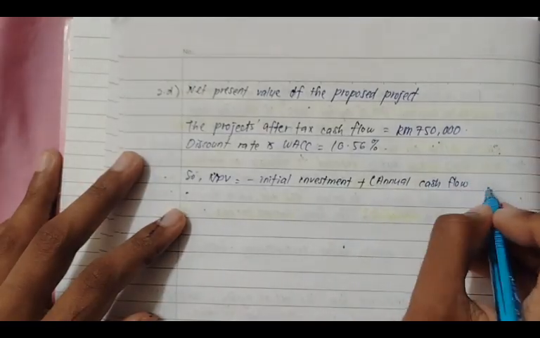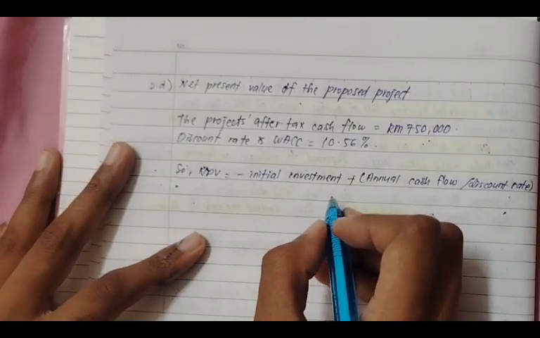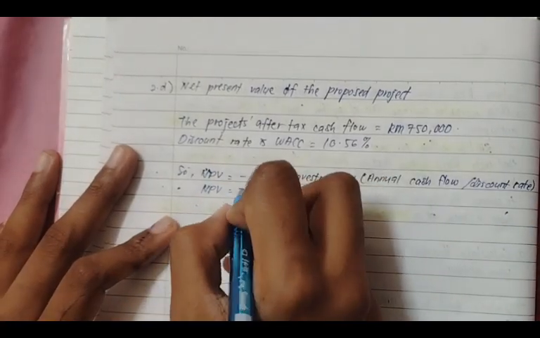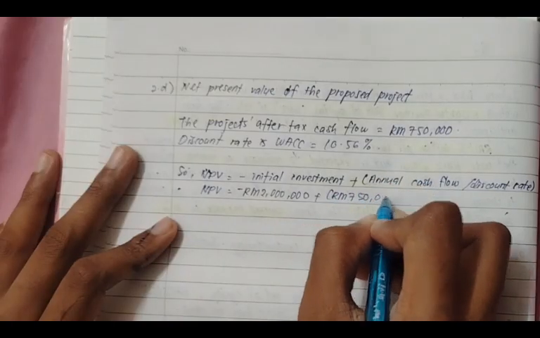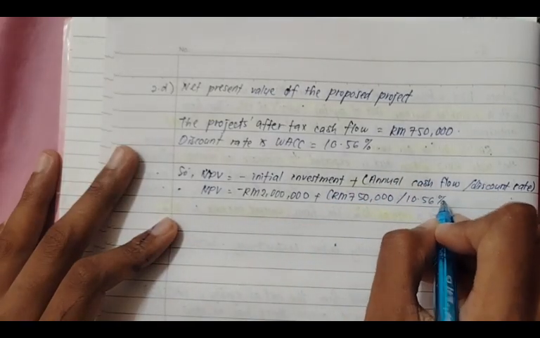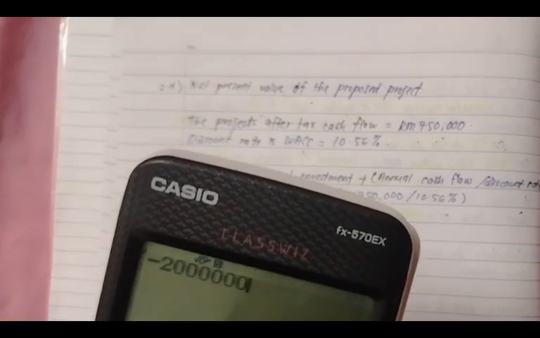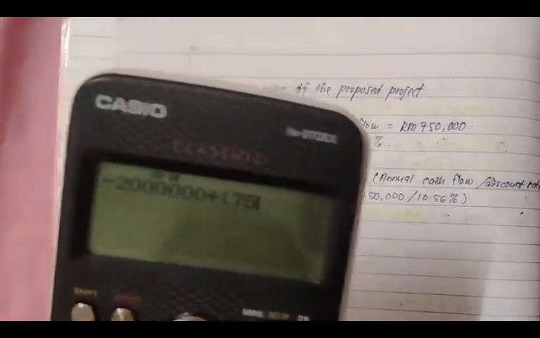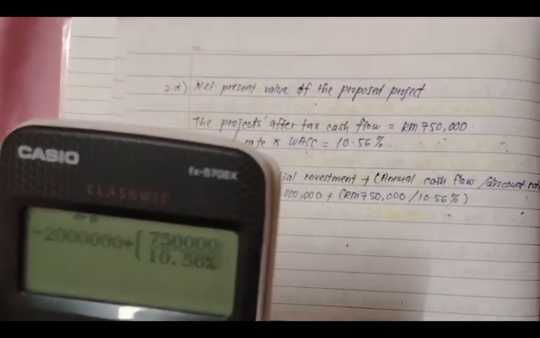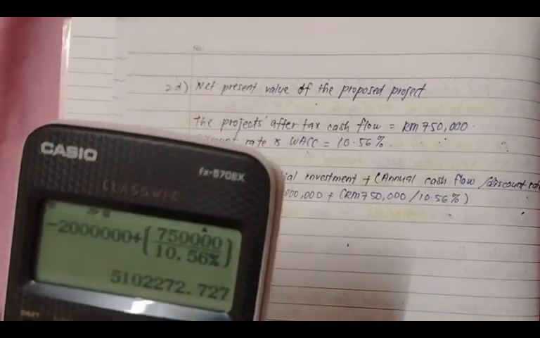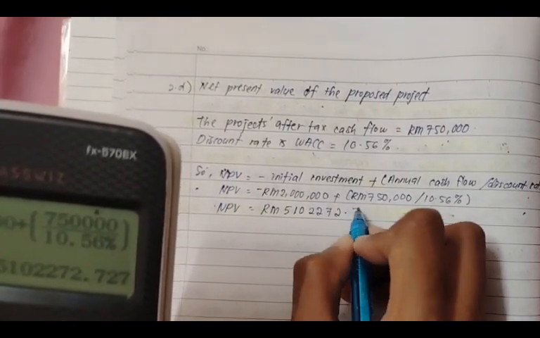The NPV equals negative 2 million plus 750,000 divided by 10.56%, which gives 5,102,272.73.